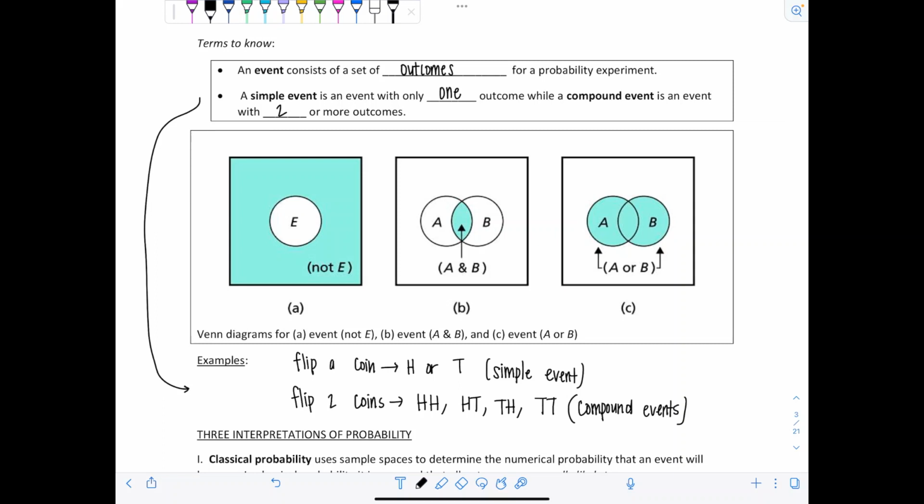Okay? Good. And for events, we can often use Venn diagrams to represent probabilities and outcomes, which we're going to get more into probabilities in a minute. But right now, if we're just talking about outcomes, say you have an event like flip a coin and it lands heads. So if you call landing heads E, then not E would be landing tails, which would be everything outside of the event E. Sometimes certain events can occur at the same time, in which case there's an overlap.